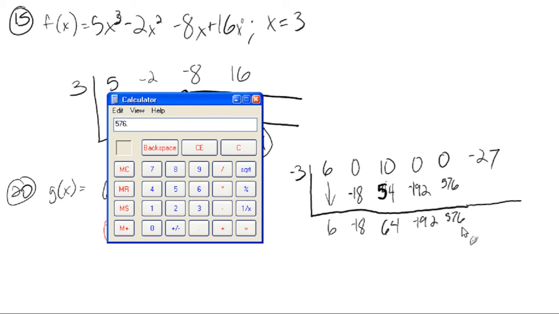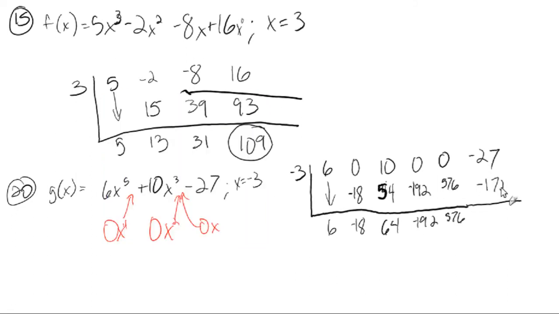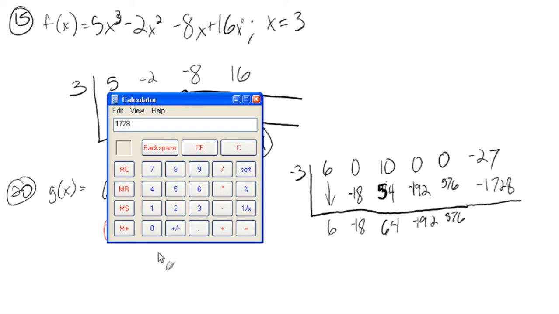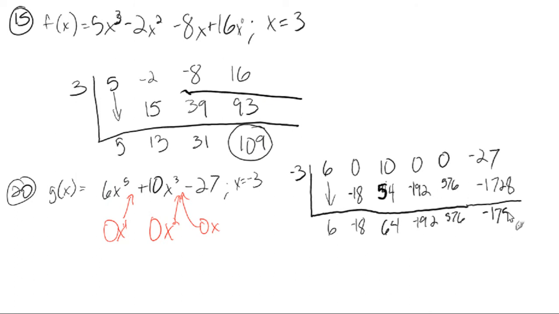Negative 3 times positive 576 is going to be negative, so it's going to be negative 1,728. And negative 1,728 minus 27, so I'm just going to take this positive 1728 and add 27 and just know that it's going to be a negative when I write it down. Negative 1755. There you go. That's what you should get. That's what we have in our answer key, so we're sure we didn't make any mistakes.